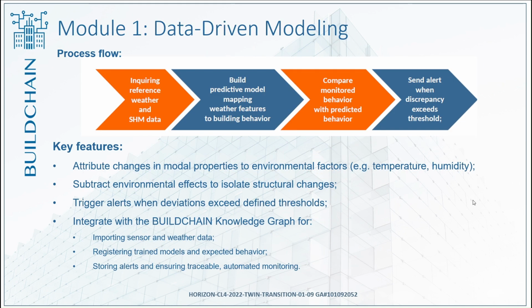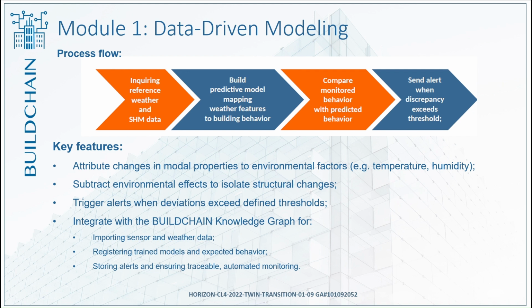Module 1, Data-Driven Modeling, focuses on improving the interpretation of building monitoring data by separating environmental influences from true structural changes. The process begins by collecting reference weather and structural health monitoring data. A predictive model is then built to map environmental conditions, such as temperature and humidity, to expected building behavior.